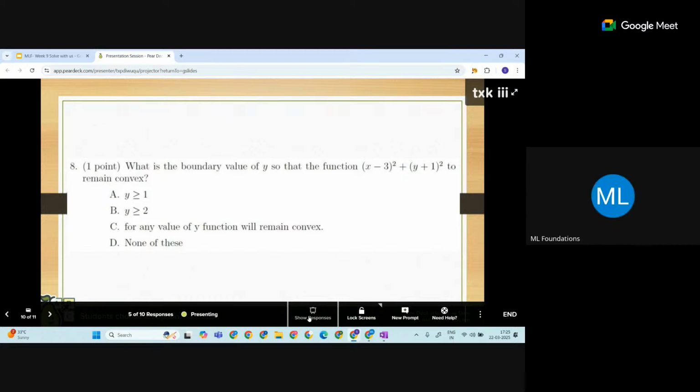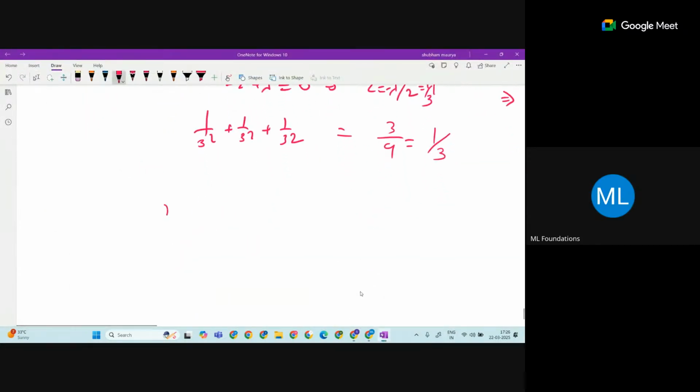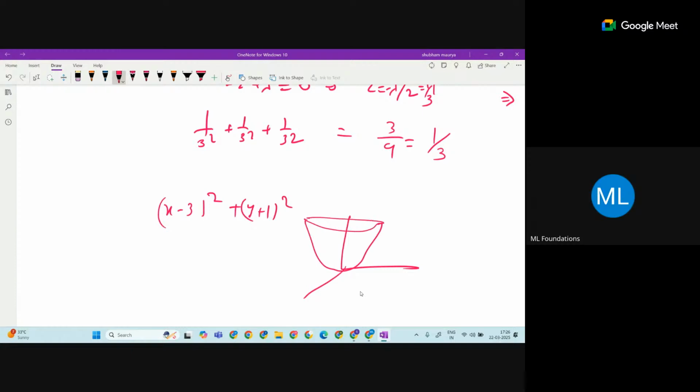But this one is very simple. For any value of y, we substitute here. If it is x minus 3 square plus y plus 1 square, any value is going to make this positive.